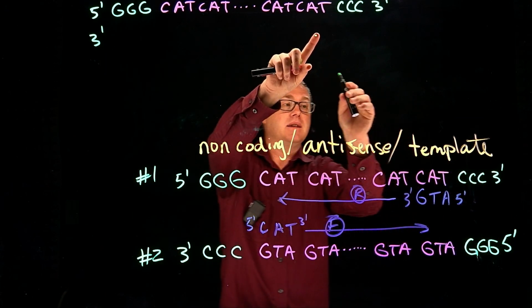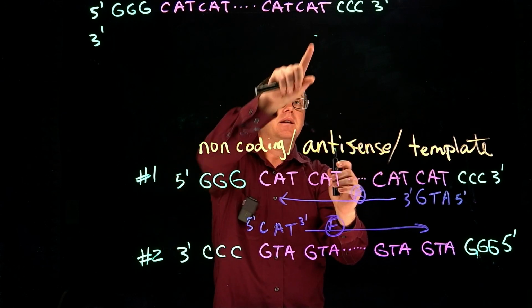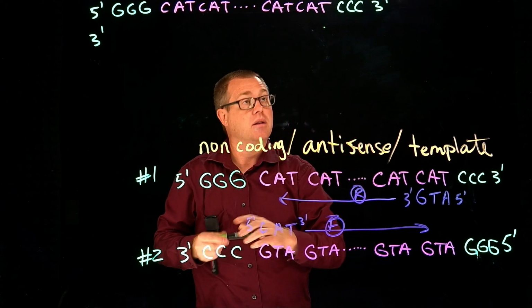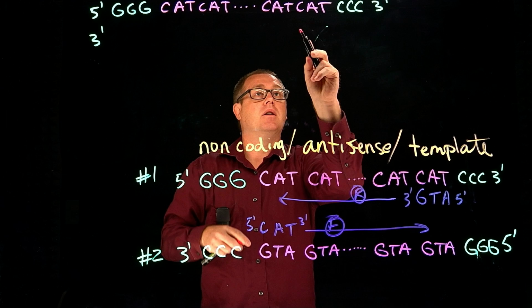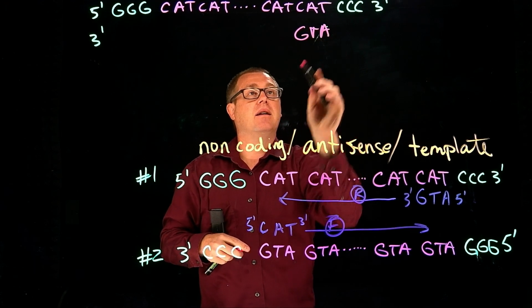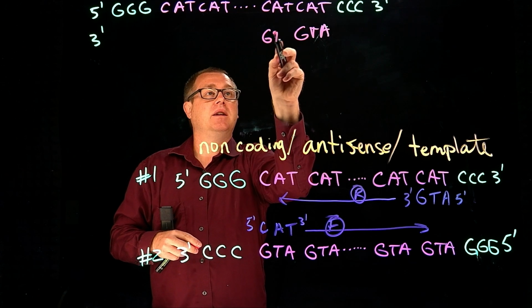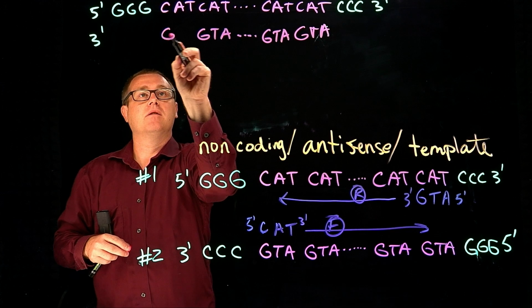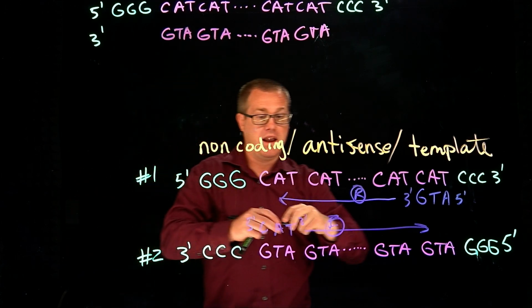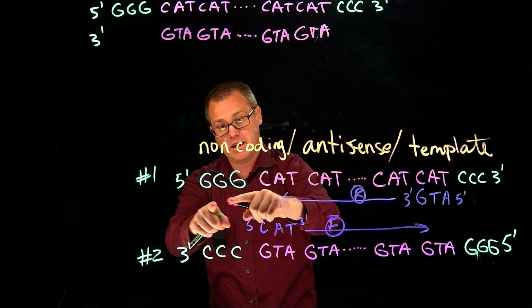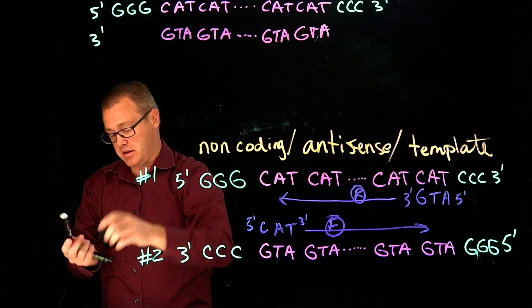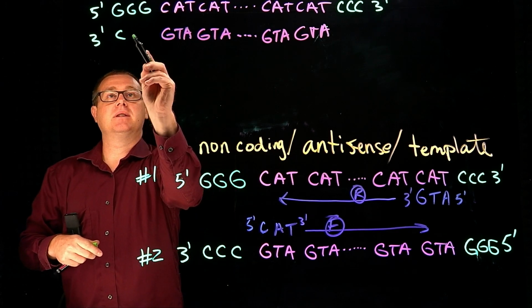So that means it only has DNA here, so not green. So GTA, and then it continues to polymerize and synthesize the DNA, so we have the rest of this chunk. So CCC.